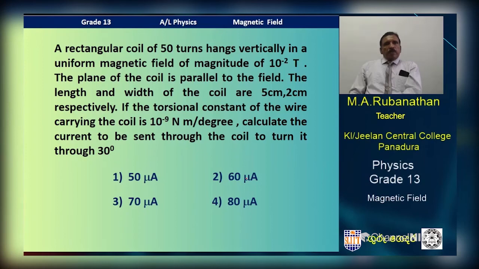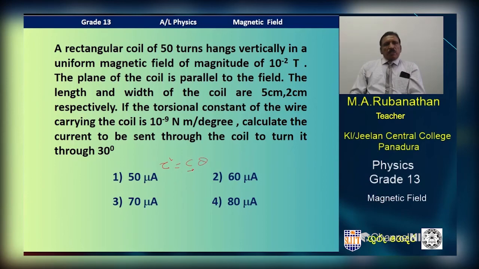The length and width of the coil are 5 centimeter and 2 centimeter respectively. If the torsional constant of the wire carrying the coil is 10 to the power minus 9 Newton meter per degree. Here, when we write the torsional constant, normally we write torque is equal to C theta.